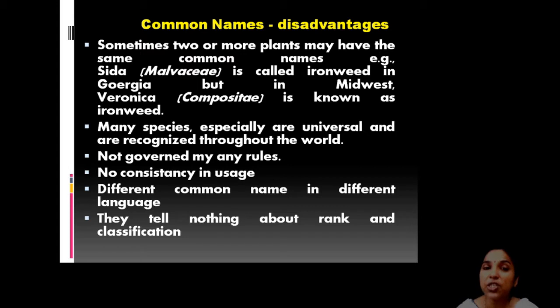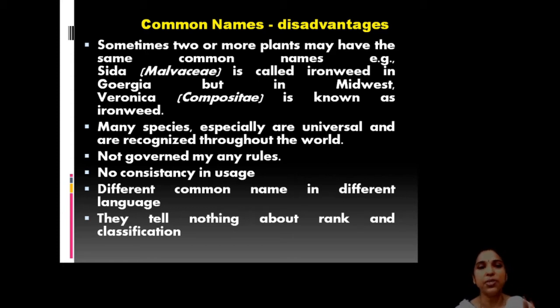And many species are universal but cannot be recognized by common names. Okay, and these common names are not following any rules. They are based on the local locality or the local language, not based on any rule. Okay, and there is no consistency in their usage.